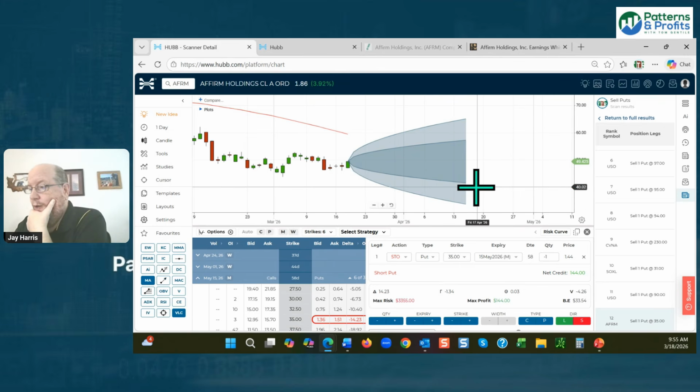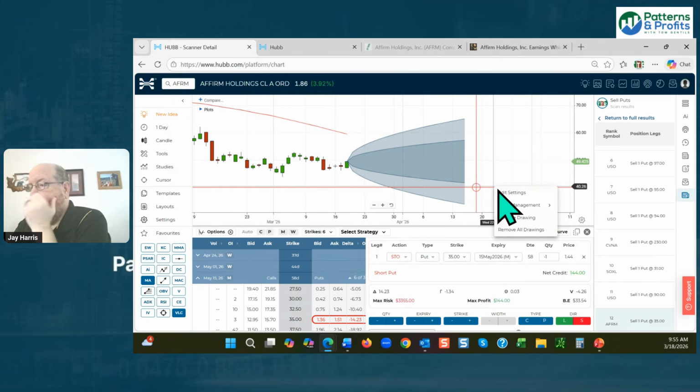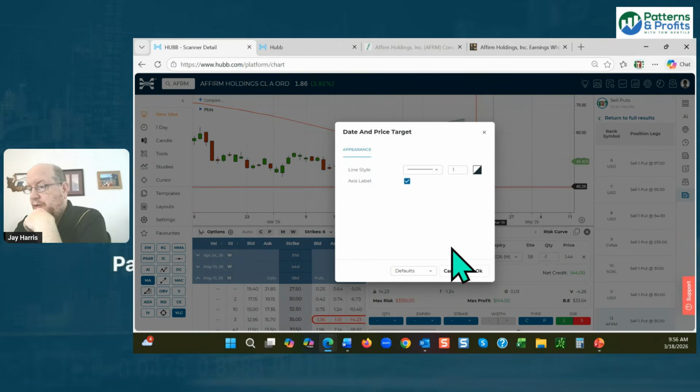If I can bring in my target tool and left click on that. Okay, I'm going to right click on the tool. I just clicked on it down below to give me the opportunity to set it. And then when I set it on the chart, I can go in and edit the settings and change it as I want.